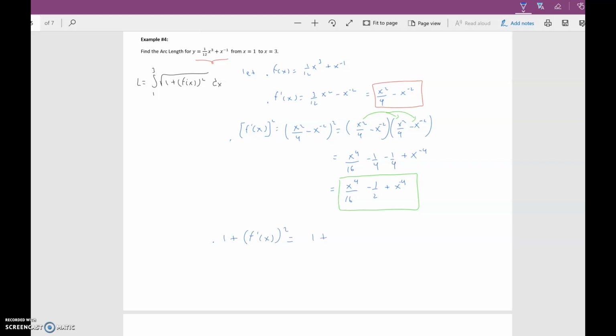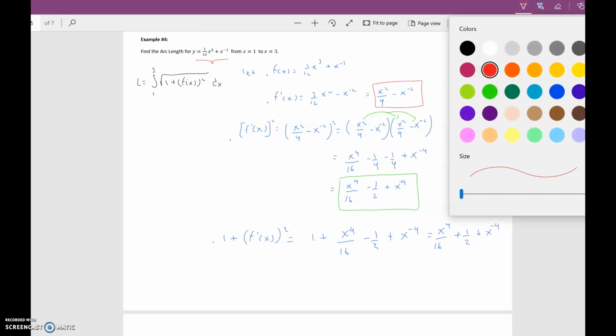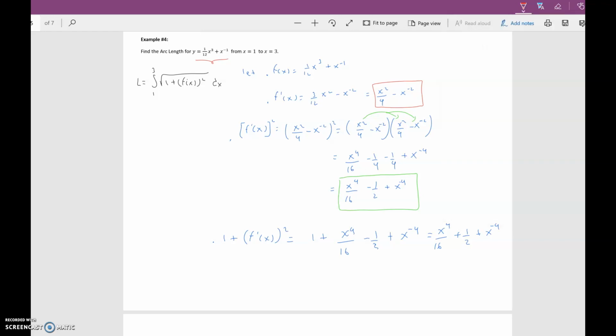So this is going to be 1 plus x to the 4th over 16 minus 1/2 plus x to the negative 4th, which is going to be x to the 4th over 16 plus 1/2 plus x to the negative 4. I'm just adding the 1 and the negative 1/2.